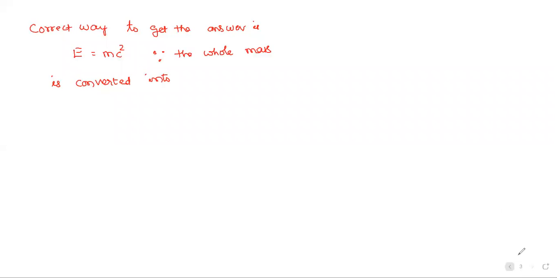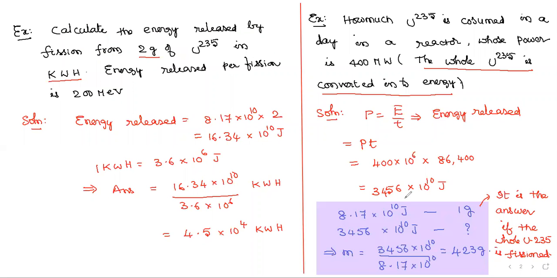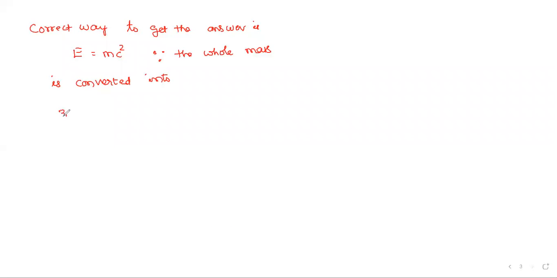In that, the energy released in that time, already I calculated, the fancy number 3456 into 10 to the power of 10. This energy in joules is equal to m into c square, that is 3 into 10 power 8 whole square. So m is 3456 into 10 power 10 divided by 9 into 10 power 16.